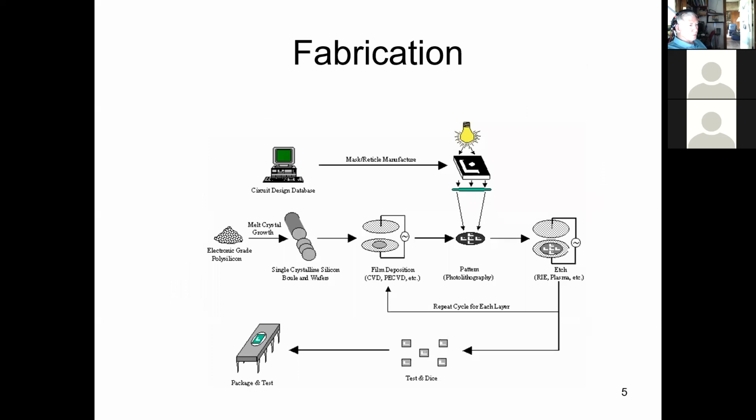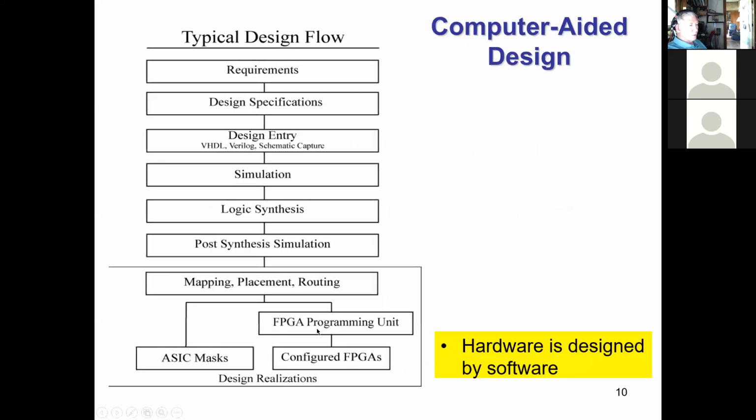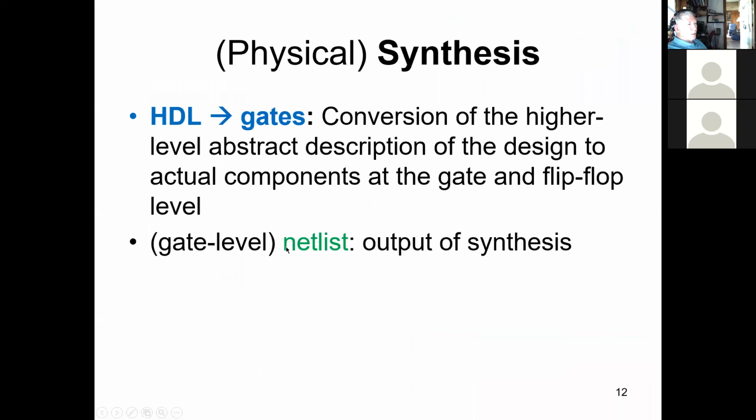Sorry, where was that? I want to try to get that right. That's right here. Yeah, mapping, placement, and routing. Okay, so that's what the net list does. And then the step after, once you get the net list, we do the post synthesis simulation, and then we go through the mapping, placing and routing.